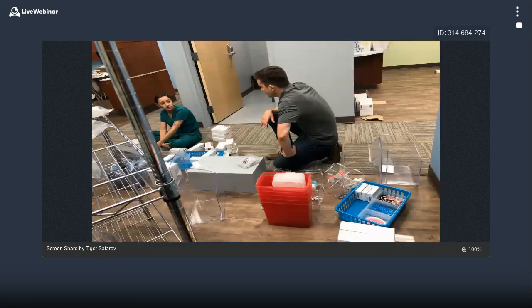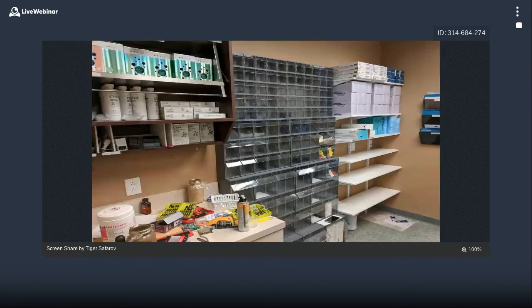The other part is working with your team when you do come back to work together, discussing where things are going to go. That's me talking with one of our lead assistants about where things should go in the anesthetics and things like that. And when you start organizing things back into the main supply room, this is how I would recommend it look.